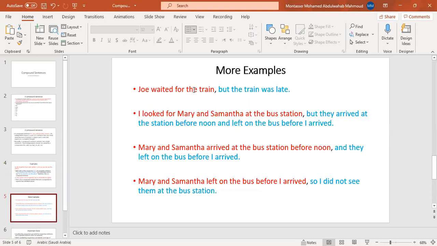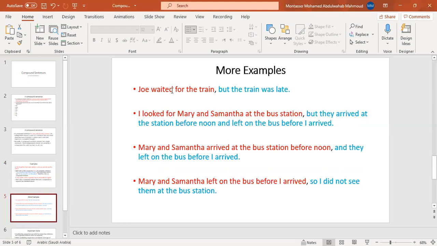We have two complete sentences. The first one, Joe waited for the train. The second one, the train was late. Where is the coordinating connector? But. Very good, students.